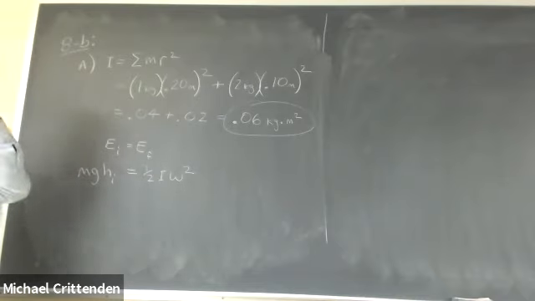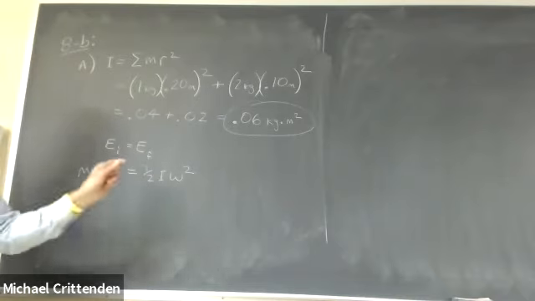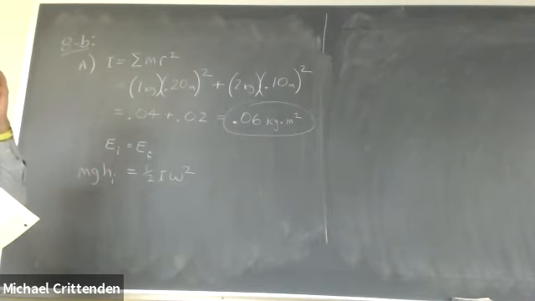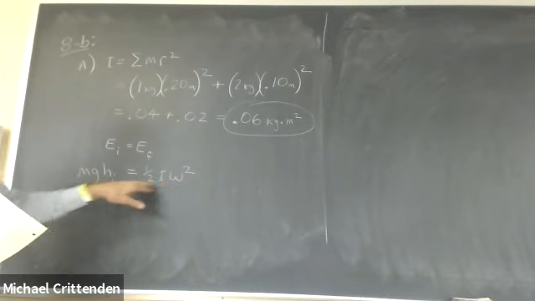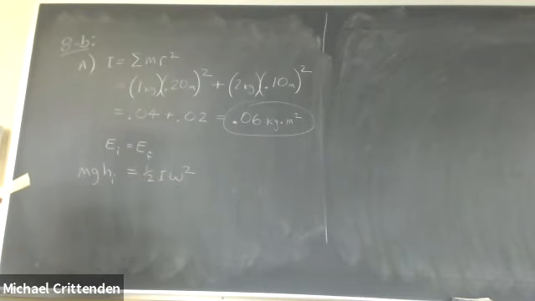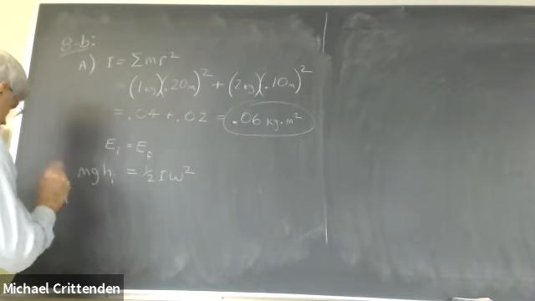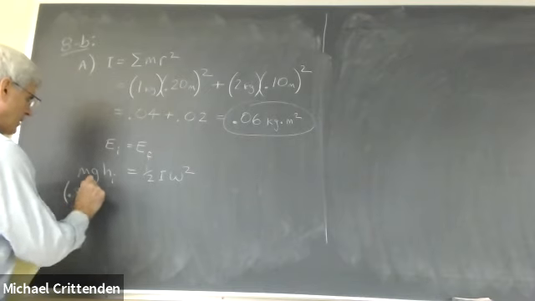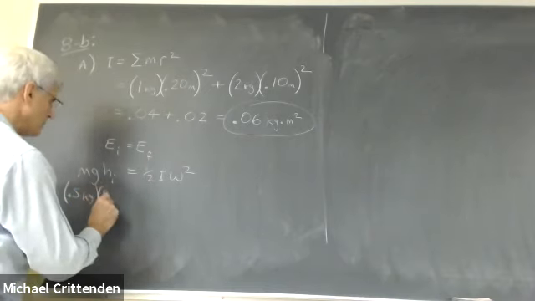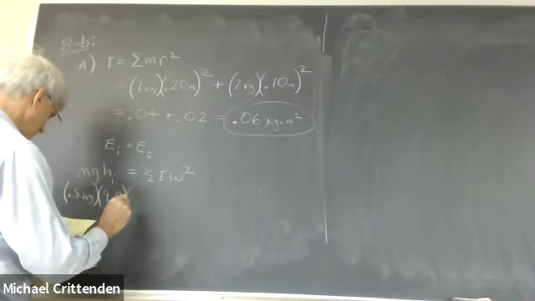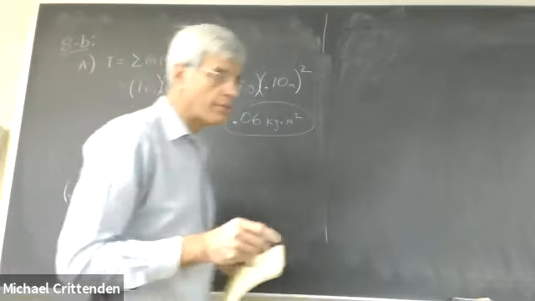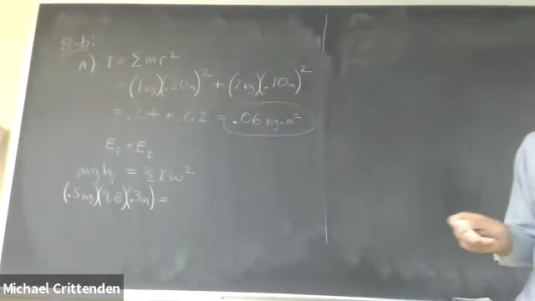And again, we're assuming that the box is going so slowly because it's unwinding off of such a small spool, there's very little kinetic energy in the box. We'll just overlook that and say that it's all in the things that are going around in a circle. mgh: half a kilogram for m, g is 9.8, it starts out 0.3 of a meter above the floor.